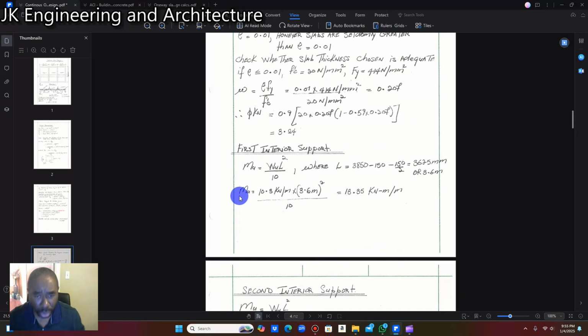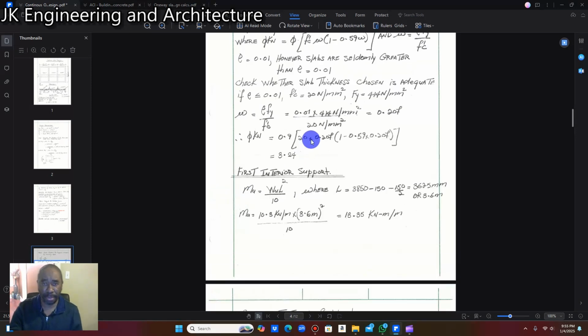Now, we're going to work out the moment for our first interior support. Remember, this is a continuous reinforced concrete slab, not a single simply supported slab. It is continuous over 3 spans.